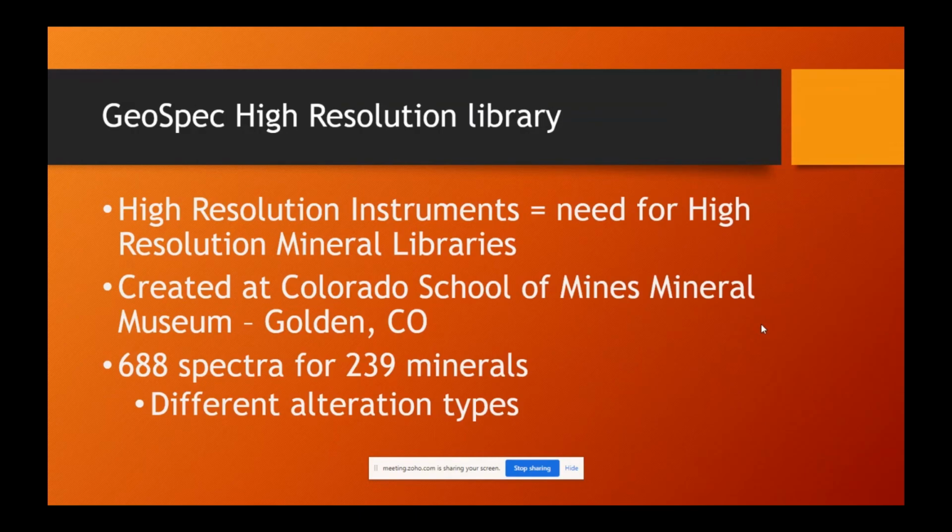Now, we do have a built-in high-resolution library called GeoSpec. And it was created at the Colorado School of Mines Mineral Museum in Golden, Colorado, and features 688 spectra for 239 different minerals, all of which provide different alteration types for a better analysis.